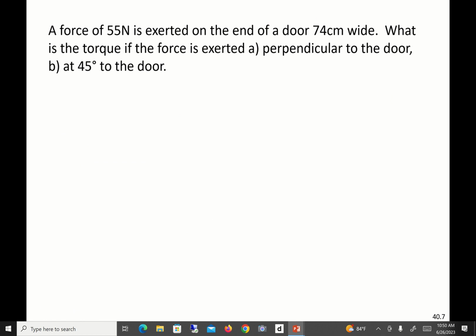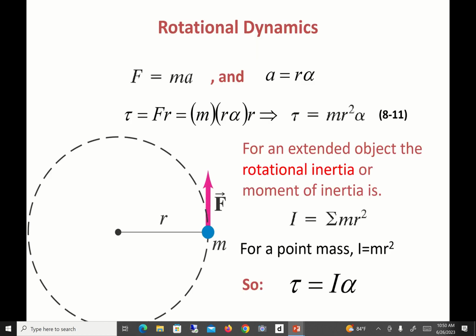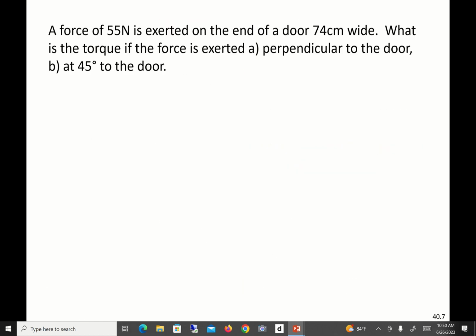So let's start off with a simple one. Let's just start off with a force of 55 newtons exerted on the end of a door that's 74 centimeters wide. What's the torque if the force is exerted perpendicular to the door or at 45 degrees to the door? So our equation is tau equals RF sine theta. So I've got my F, I've got my R, and it gives me the angles.